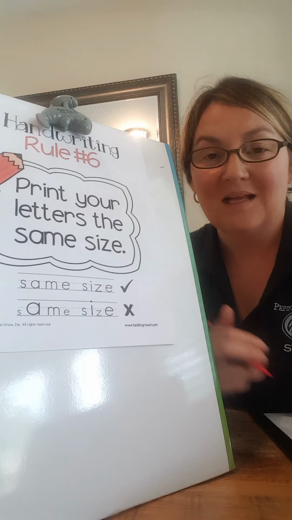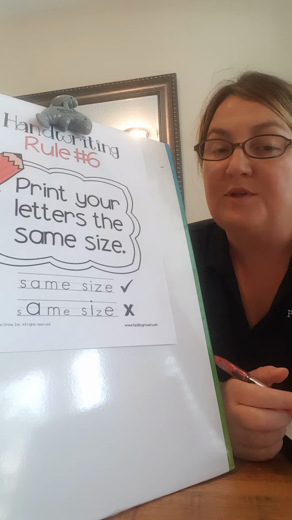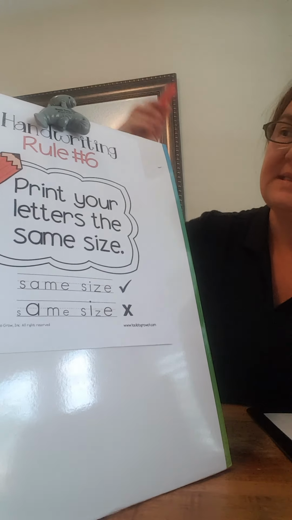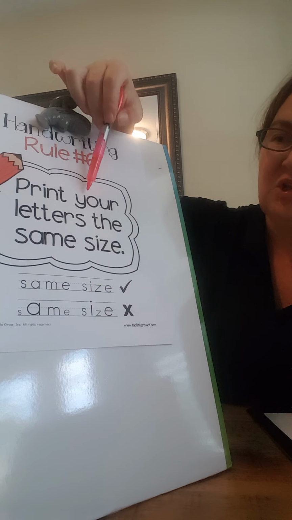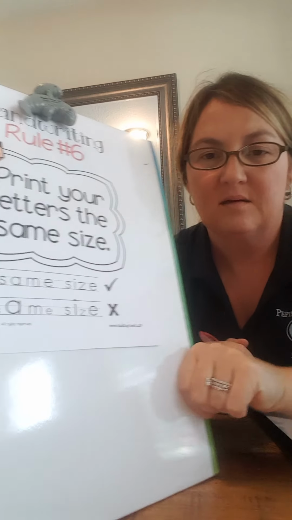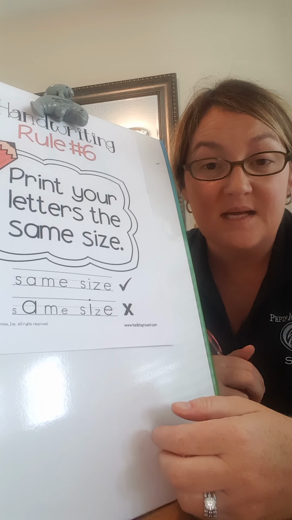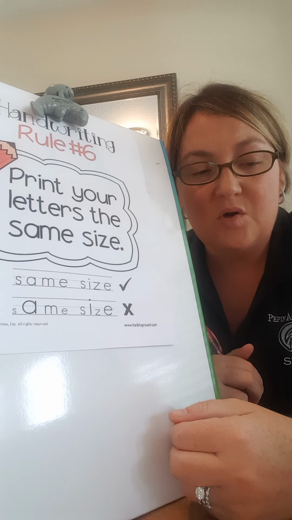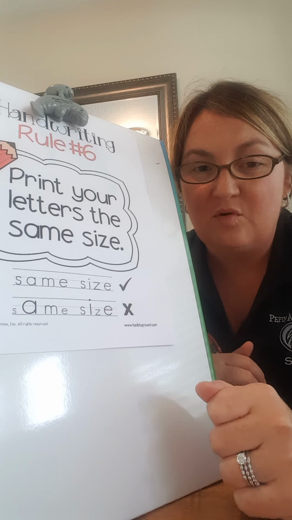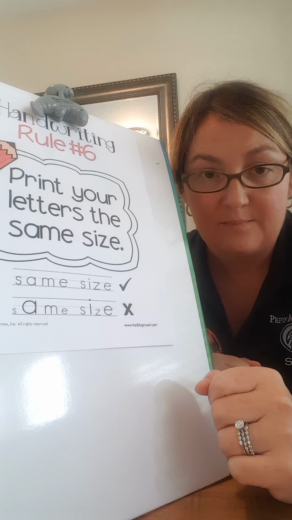All right, we're back. So this is the last rule we're going to go over today. It's rule number 6, and it's print your letters the same size. What do you think that means? Making them the same size, right? That can get a little tricky though, because capital letters are the ones that need to be bigger.